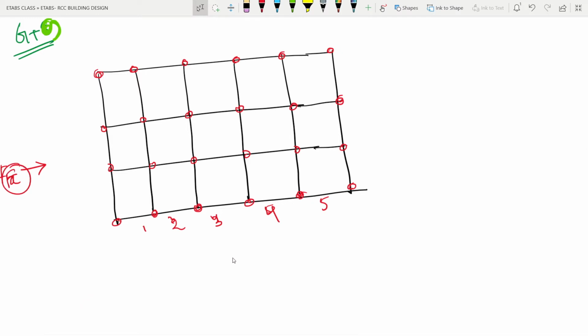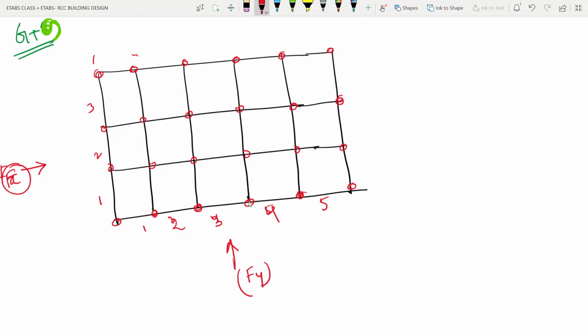But in the y direction, the Fy force may not be resisted by the frames present in this direction. These are the frames 1, 2, 3, 4, but we have only 1, 2, 3 bays here, so it may not be able to resist the lateral force.